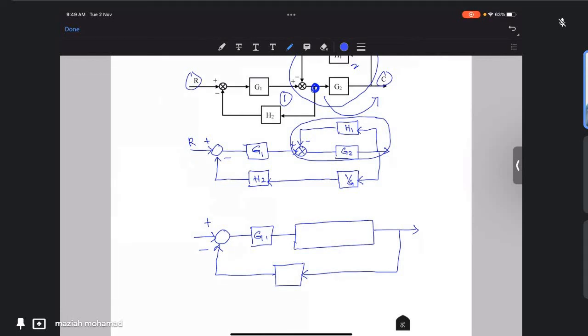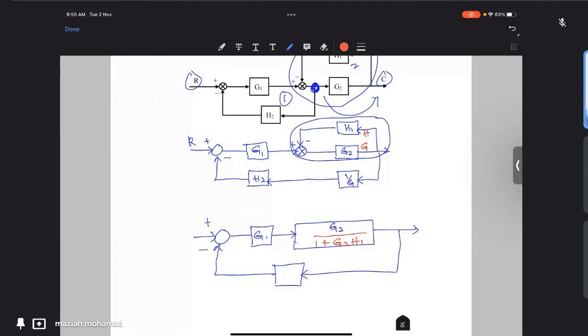Anyone? Ada yang dapat tak? So this is G, this is H, so G2 over 1 plus G2 H1.